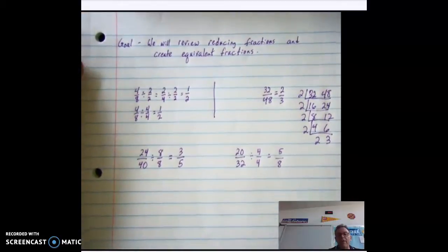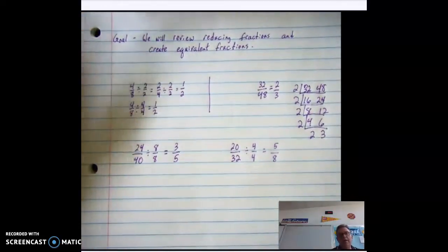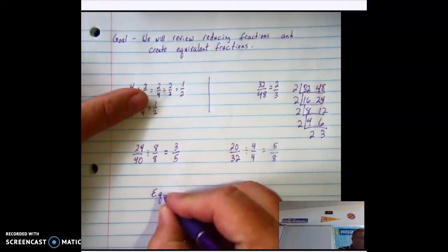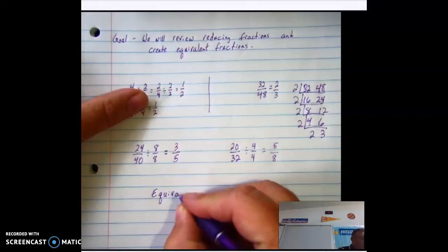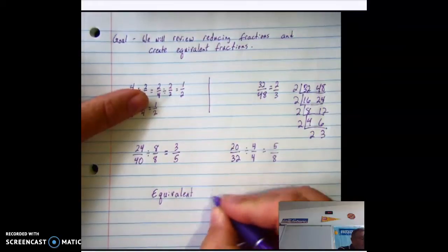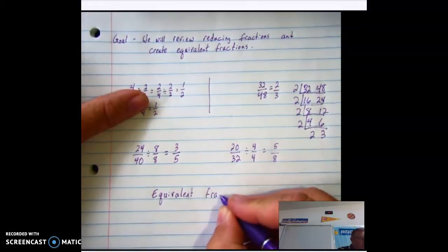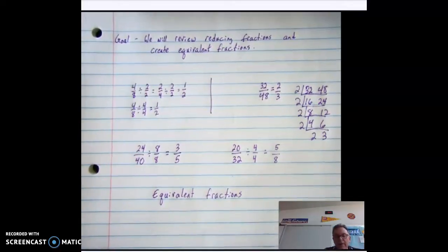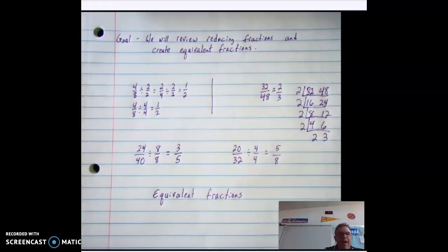Okay. The next thing that we want to hit on, a building block skill for this next unit, is to create equivalent fractions. So equivalent fractions means that they may look a little bit different, but they have the exact same value. Think about it this way.